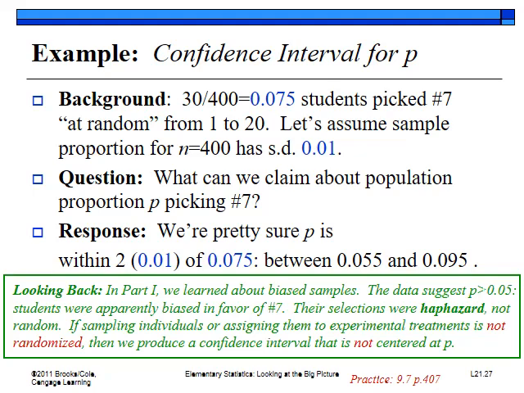Now, because the value that we would expect to see, which remember was 0.05, if the selection was made completely at random, does not fall in our confidence interval, we'll think that perhaps our sample was biased in some way. That's why we have to say that we're pretty sure P is within 2 standard deviations of our observed value.